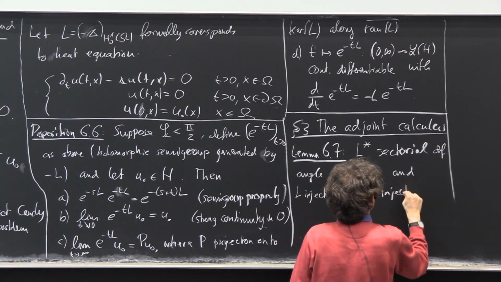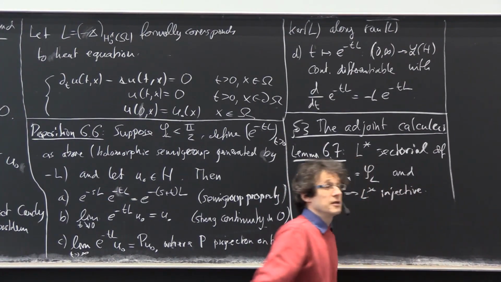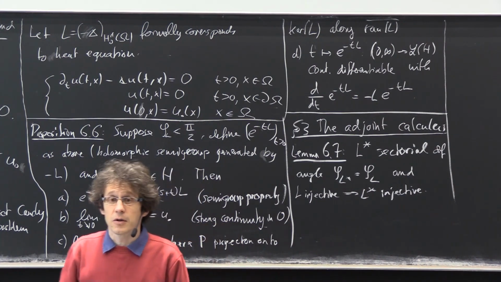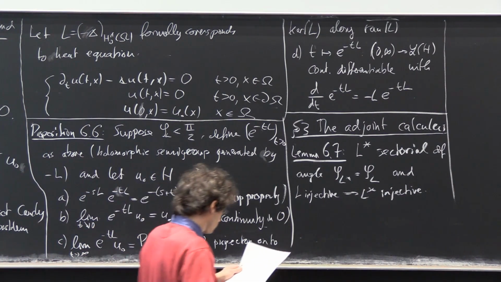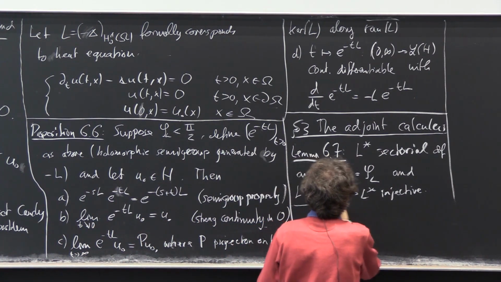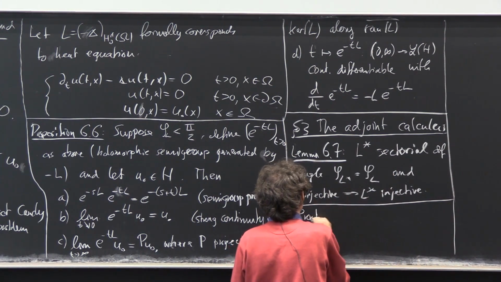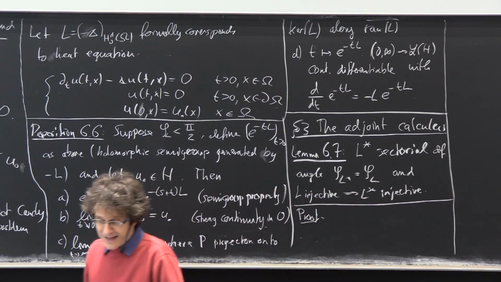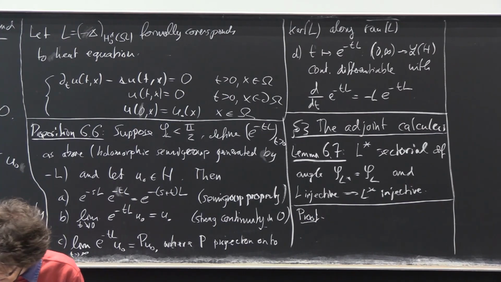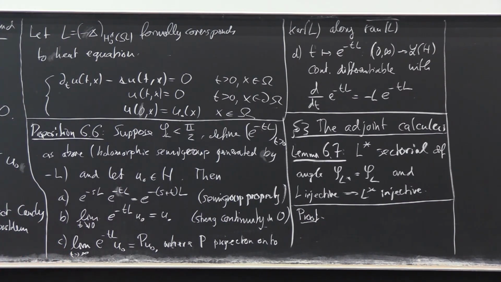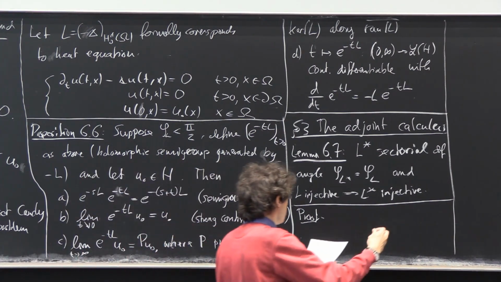So if you have an injective sectorial operator, the adjoint also is an injective sectorial operator. Once we have proved this, it means L star is as nice as L, so it might be worthwhile to check the interplay between the calculus for L and the calculus for L star.